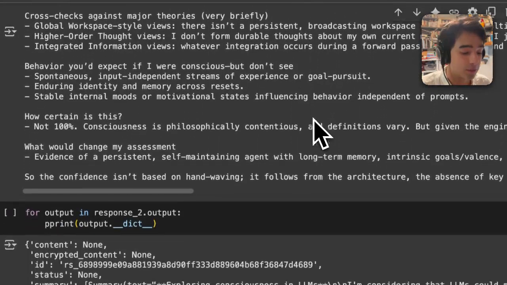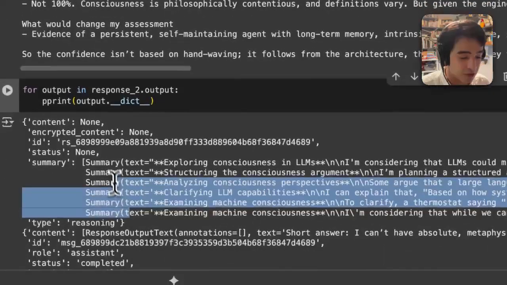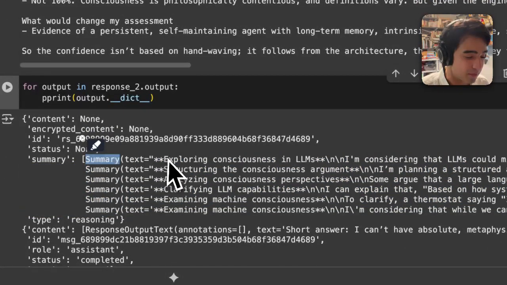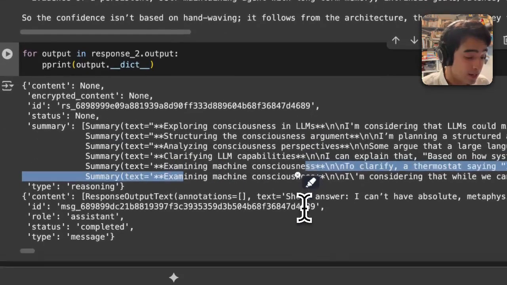But something interesting to keep in mind is that it actually thought for 6 different rounds. So it went on the first time exploring consciousness in LLMs, second time it thought about structuring the consciousness argument, then analyzing consciousness perspectives, clarifying LLM capabilities, examining machine consciousness again.